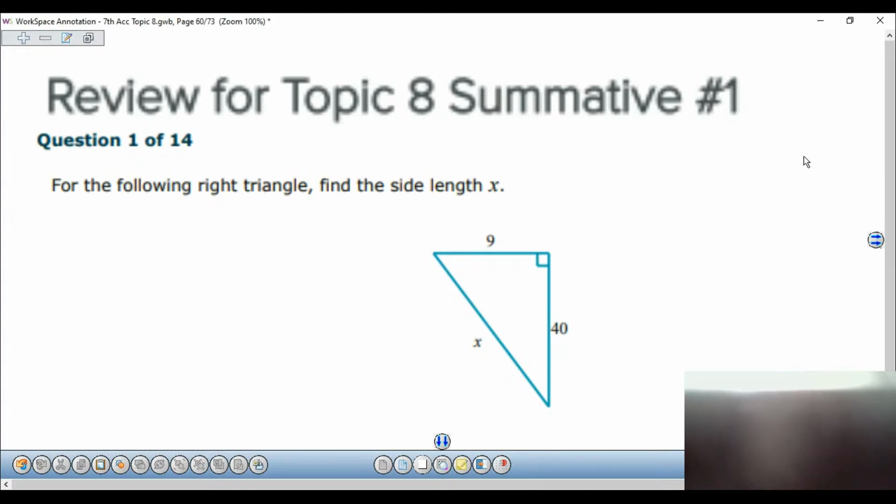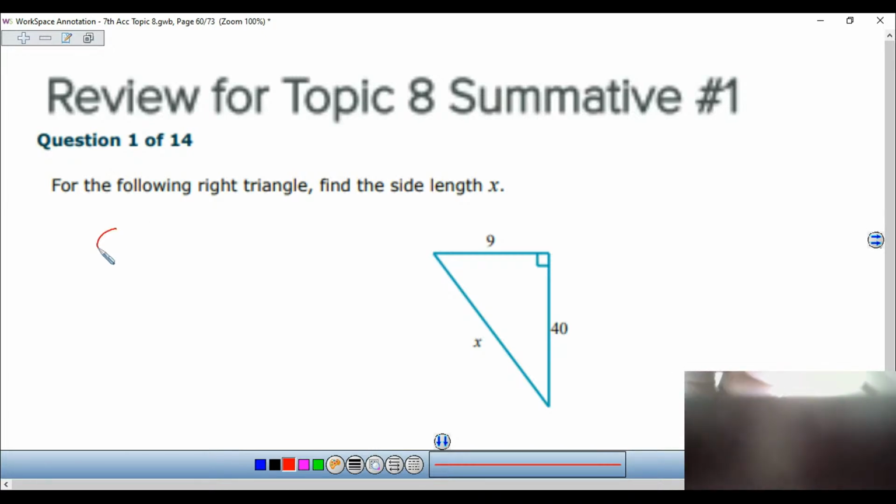Here we go. We're going to start things off with my favorite thing of all, Pythagorean theorem. So we have a squared plus b squared equals c squared. We have two sides already.